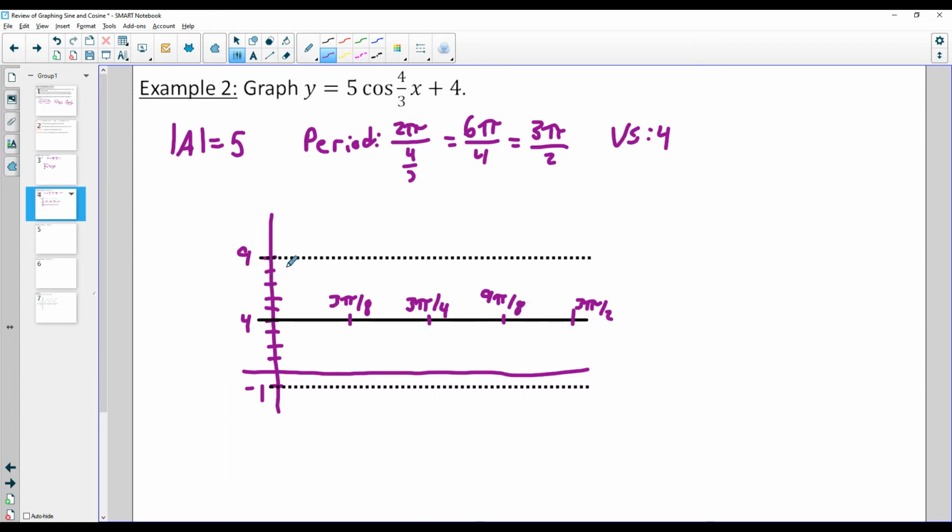You don't really need to label those. You really just need the ticks or just the end mark. Cosine, you start up, and then we move down, up. And remember, it's swirly. It's not like a V, so try and make it swirly.